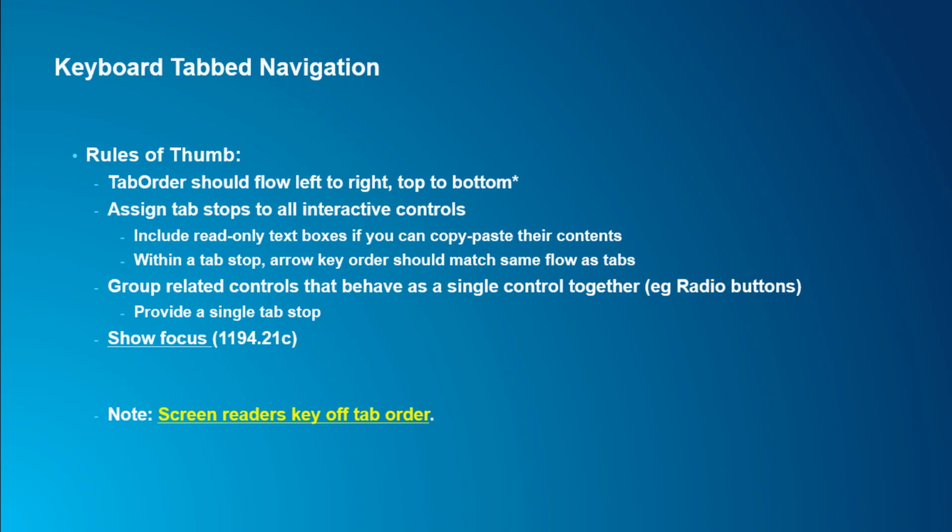Another point of reference is that if you get the tab order correct, screen readers key off the correct tab order. So if someone is using a screen reader, if your tab order is set correctly, the screen reader will use that as a prompt for how it should relay information to the user who is using your form. It knows in what order it should actually scan that form.